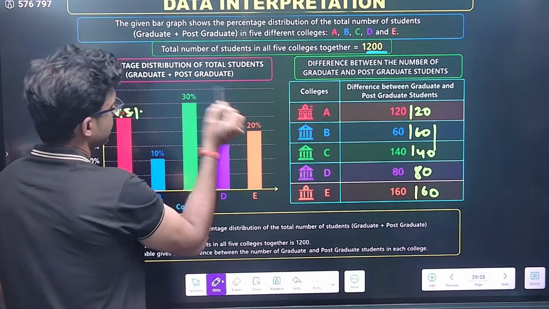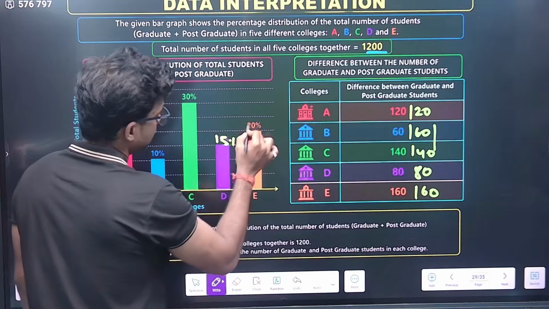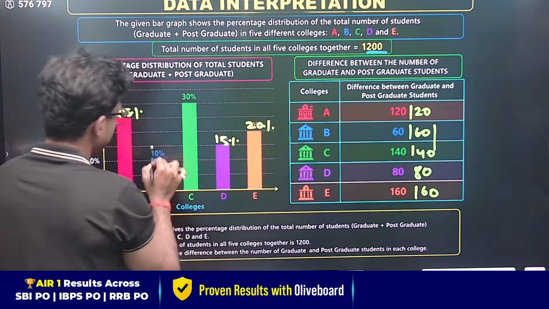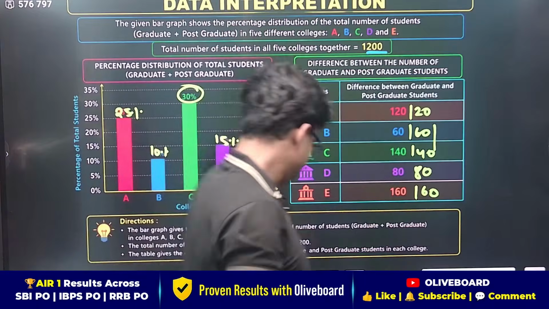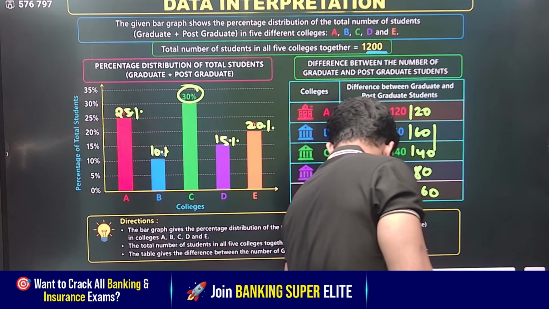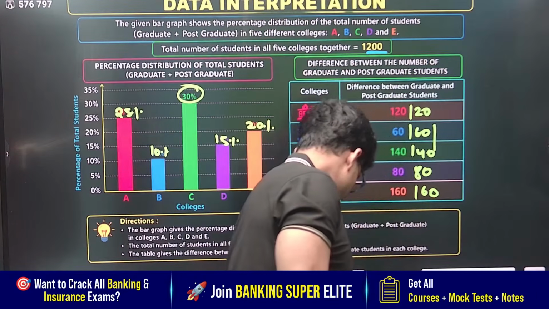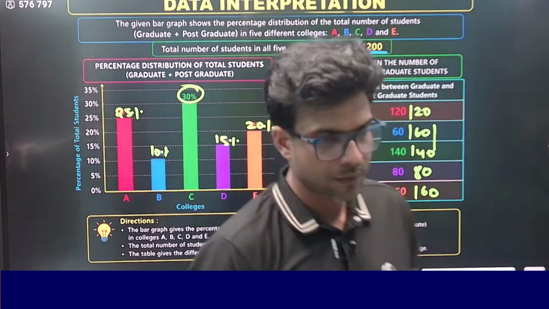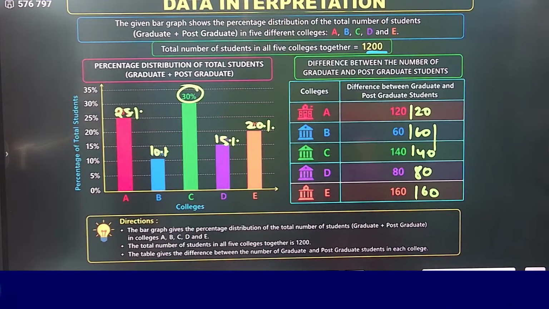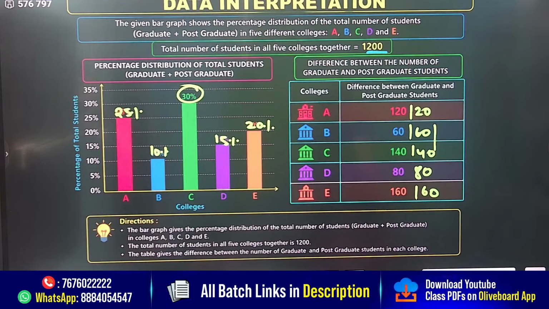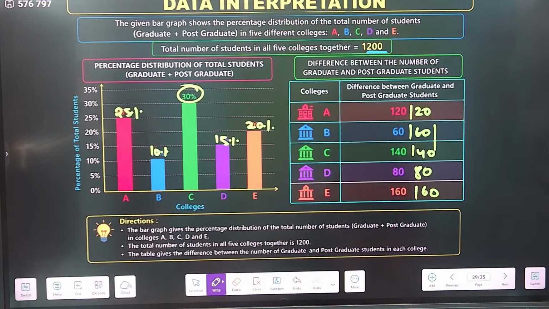This is 30%, this is 15%, this is 20%, this is 10%, and this is 30%. Please read it, make a table, because if you make a table, that becomes very easy.